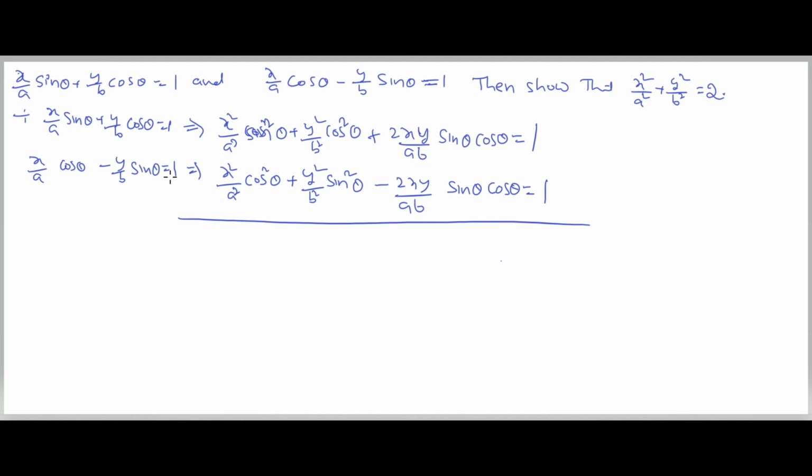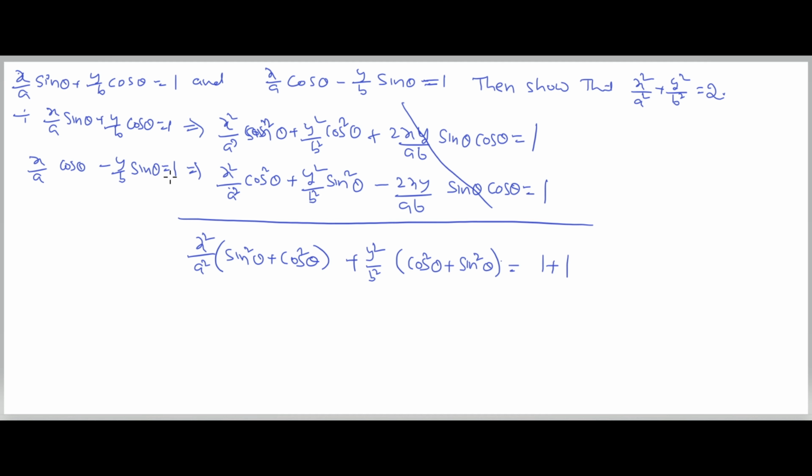Add these two equations, the terms 2xy by ab sin theta cos theta and minus 2xy by ab sin theta cos theta cancel. From these two, x square by a square common, that is sin square theta plus cos square theta. And y square by b square common, that is cos square theta plus sin square theta, is equal to 1 plus 1.